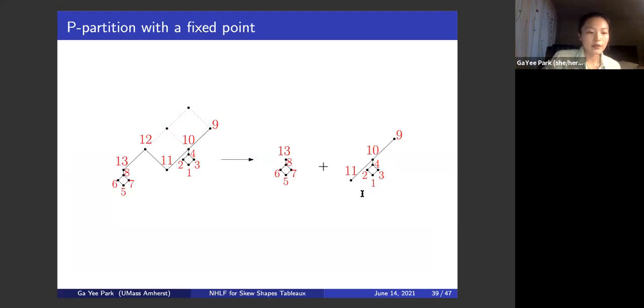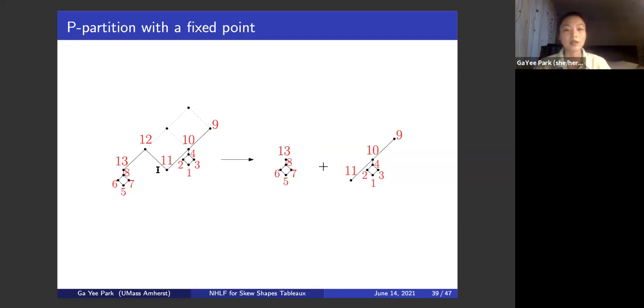Now I am trying to count the number of linear extensions on the left-hand side by taking the linear extensions of this disconnected poset and adding 12 at the end, because that would be a linear extension of this poset. In the case of q equal to 1, that's it. That's very simple. You just add the maximum element at the end, and that's all.